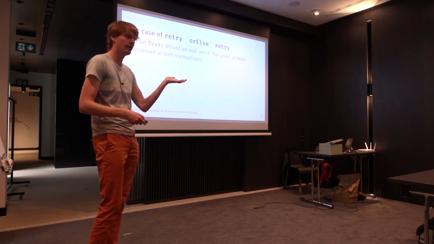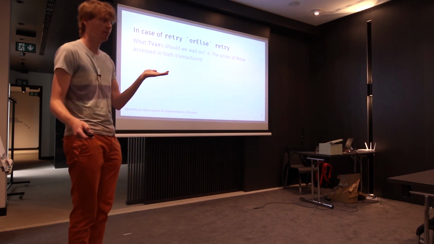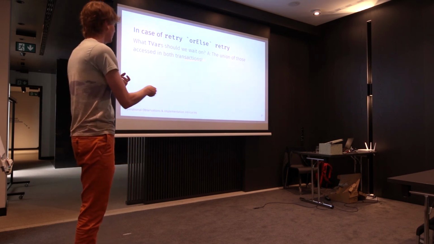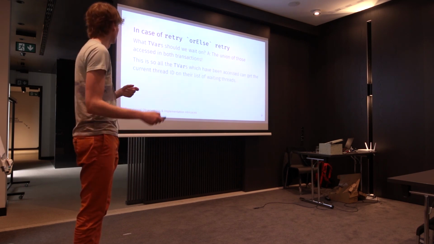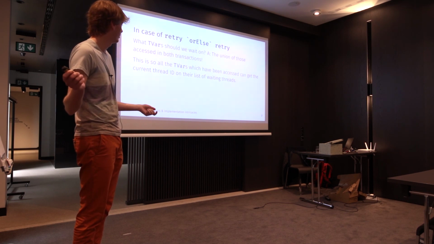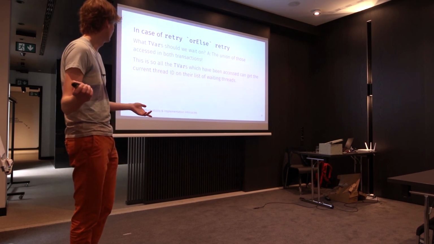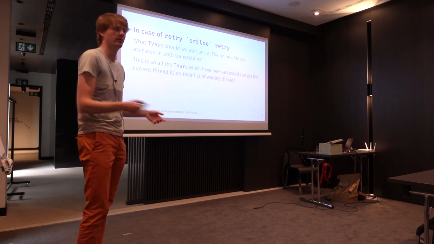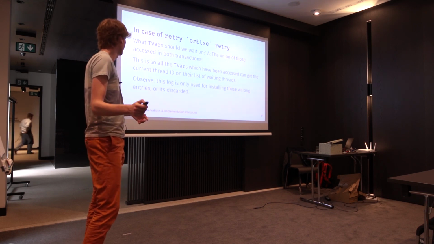If we're going to get woken up for every variable that we've accessed, we need to do this union. And this is so that all of the TVars which have been accessed can get the current thread ID on the waiting list. That's right.